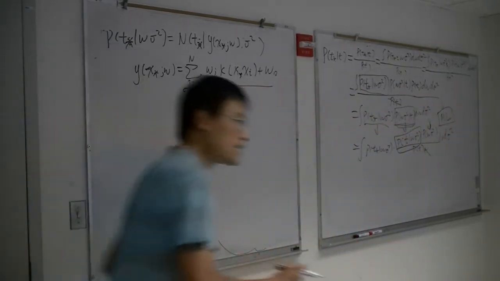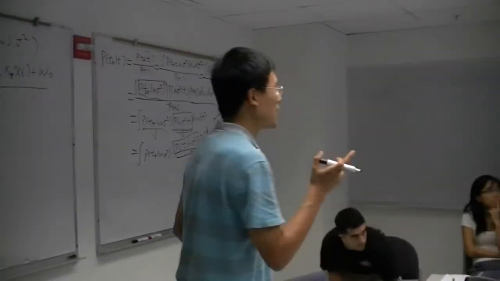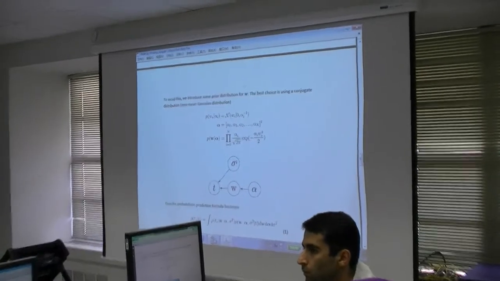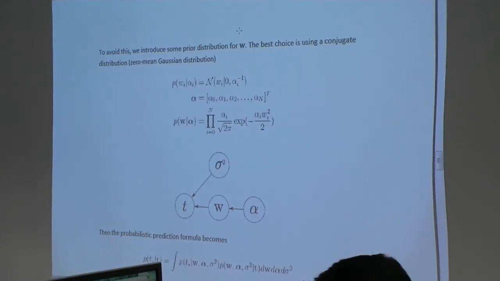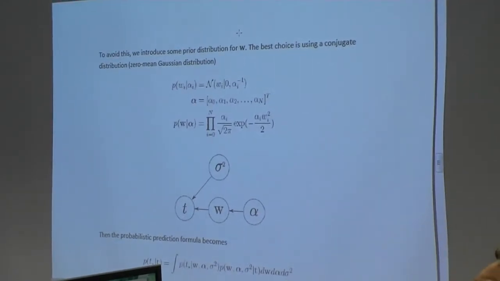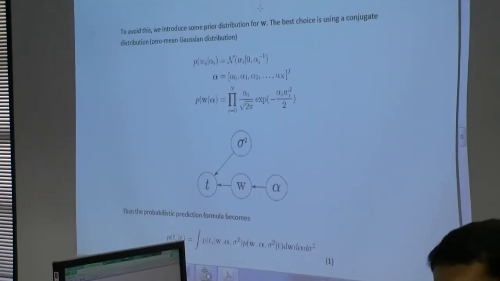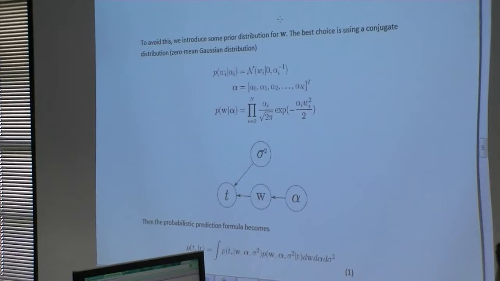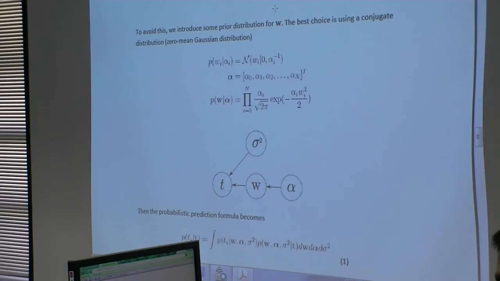in this case, we can introduce the sparse prior distribution for omega, which can make omega sparse. The best choice is using a conjugate distribution of Gaussian because we suppose everything is Gaussian. In this case, we can get multiple functions. We suppose the omega has a Gaussian distribution. So we introduce a new parameter alpha i for each of these, and alpha i is the inverse of the variance in a normal distribution.